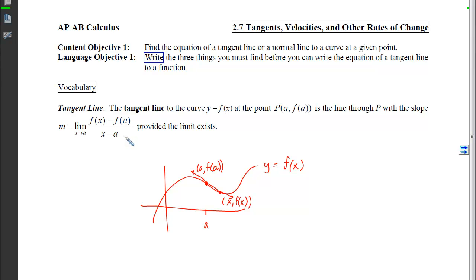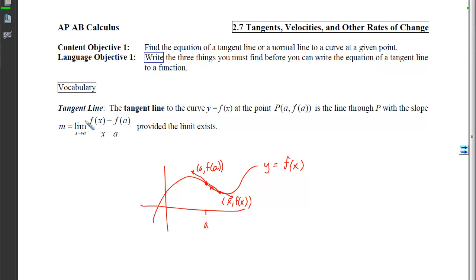And if you remember from section 2.1, we had to let those two points get closer and closer to each other. Since I want the tangent line at the point P, it's the x that needs to be moving along the curve. If I move this point x along the curve up to a, eventually those two points are going to collide and we will get a tangent slope instead of a secant slope.